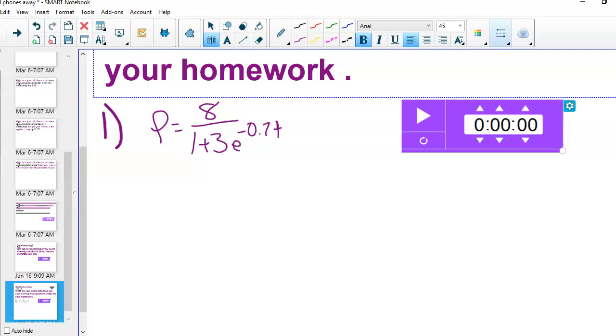Alright, for number 1. Number 1 says something about P is the number of fish in thousands. That means when you solve this, you either need to put each number in thousands, so 6,000, 8,000, or make both of them single digits.